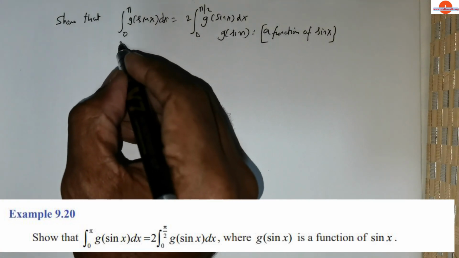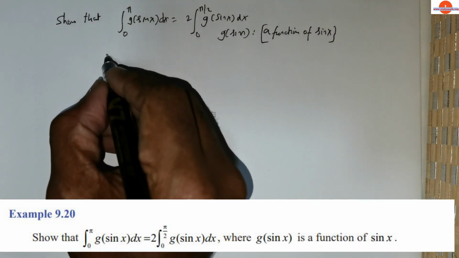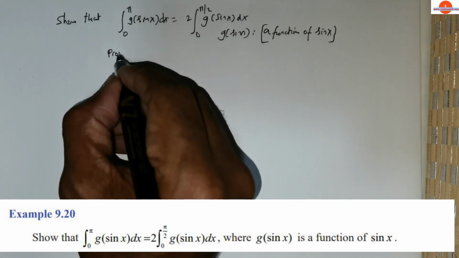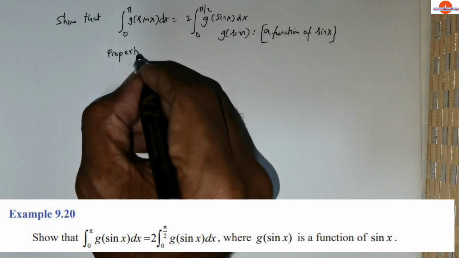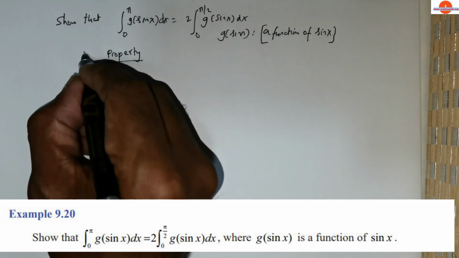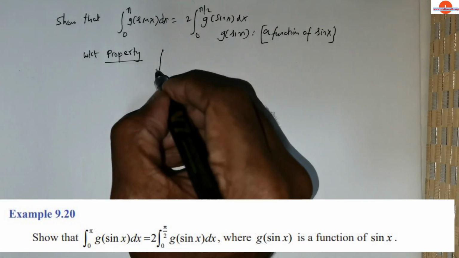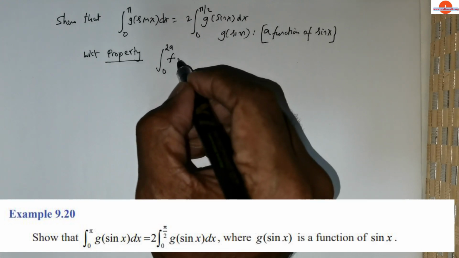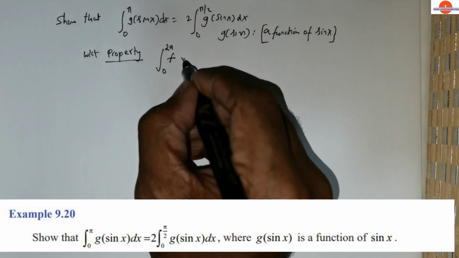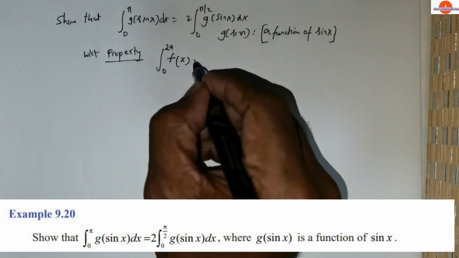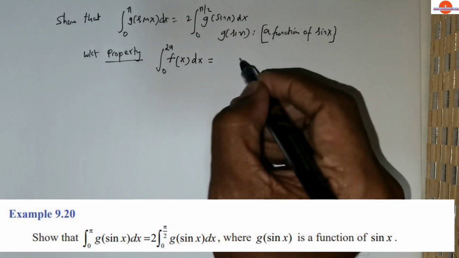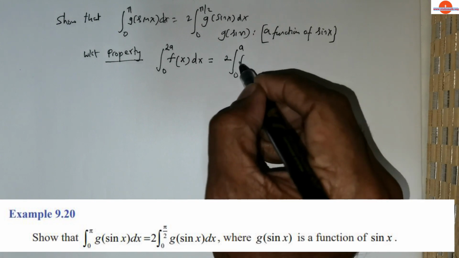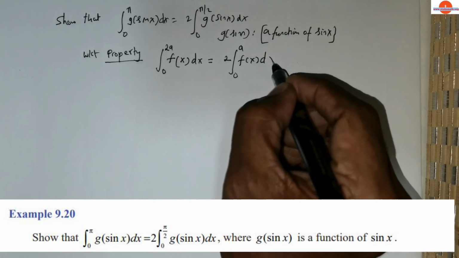Now, to do this question, I would like to place here an important property. So, we know that integral 0 to 2a f of x dx is equal to 2 times integral 0 to a f of x dx.